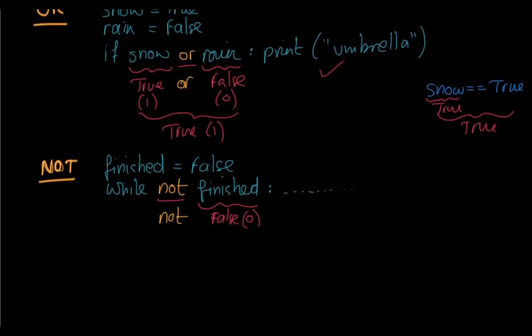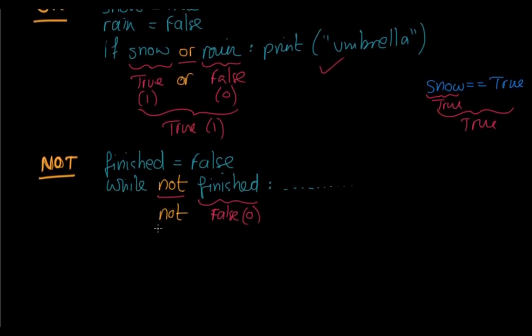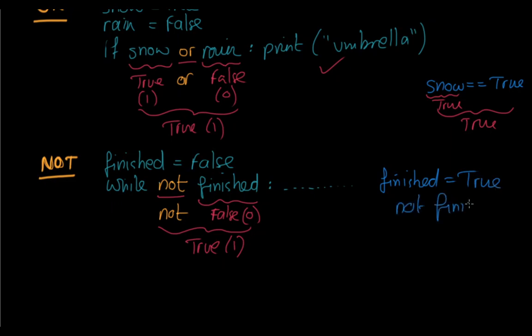So in other words, not false evaluates to true, which is 1. And the loop continues. Now, at some point in that loop, there will be a statement, and if this statement doesn't appear, the loop will never finish. There's got to be a statement somewhere that says finished equals true. At that point, not finished will evaluate to not true, and not true will evaluate to false, and the loop will then exit.